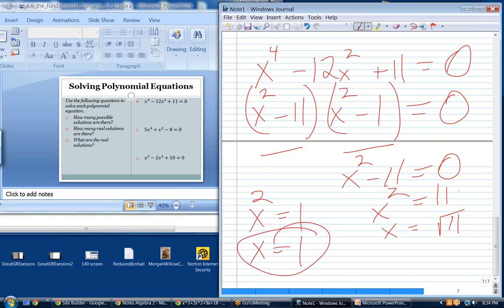So what's wrong with this? Is there a solution? We only have 2 solutions. But it's a quartic. We need 4 solutions. Where did we lose them? We made a mistake. There you go. Now we have 4 solutions.